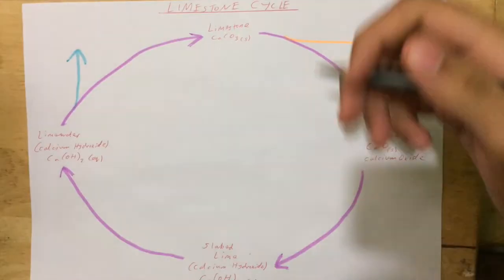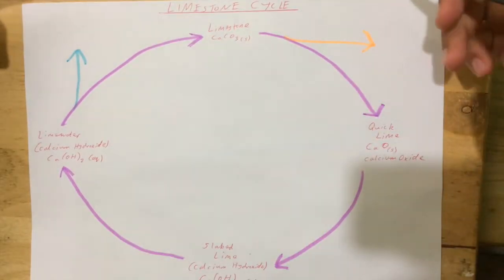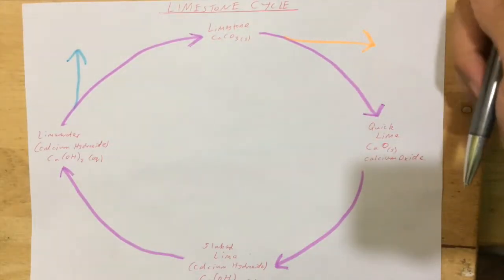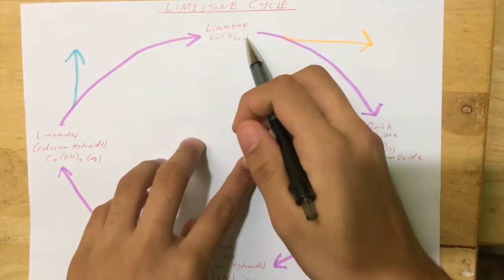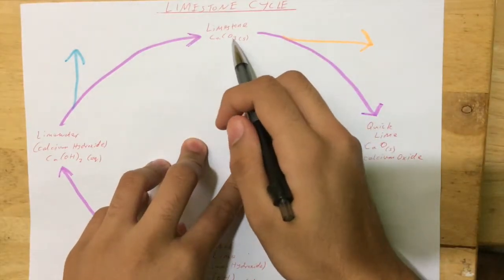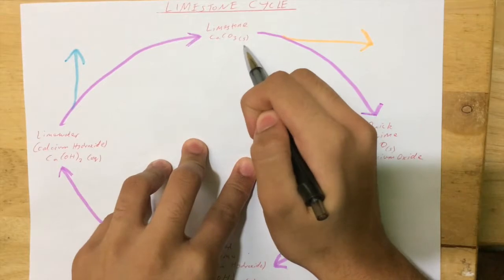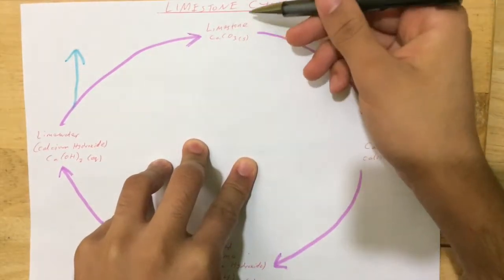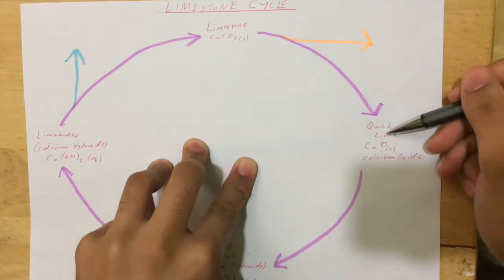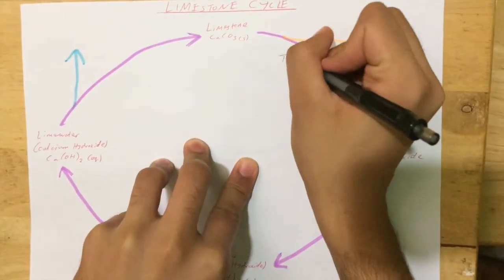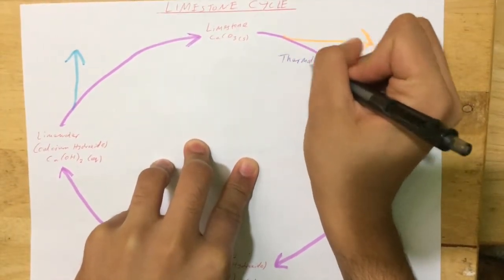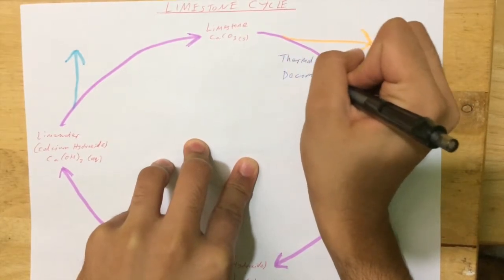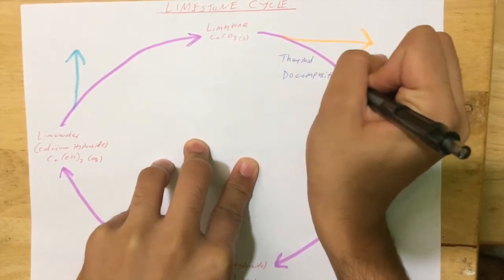Next. Okay, so here we have the limestone cycle, the limestone reaction cycle. So first we start off with limestone, or CaCO3. The S here means it's solid. How do we get from limestone to quicklime? Well, limestone goes through a process called thermal decomposition, and you need to know this.